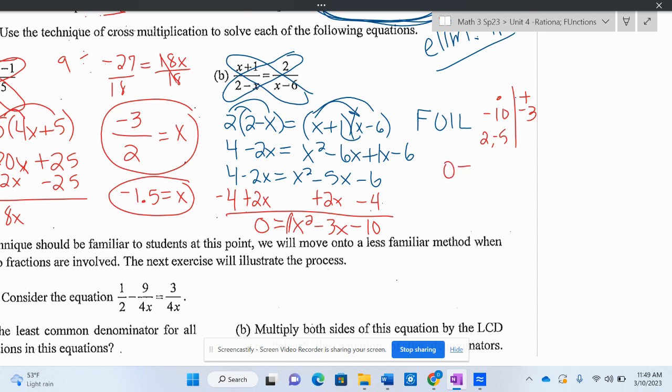So 0 equals x plus 2 times x minus 5. And so what are my two solutions? Yeah, x equals negative 2 and x equals positive 5.